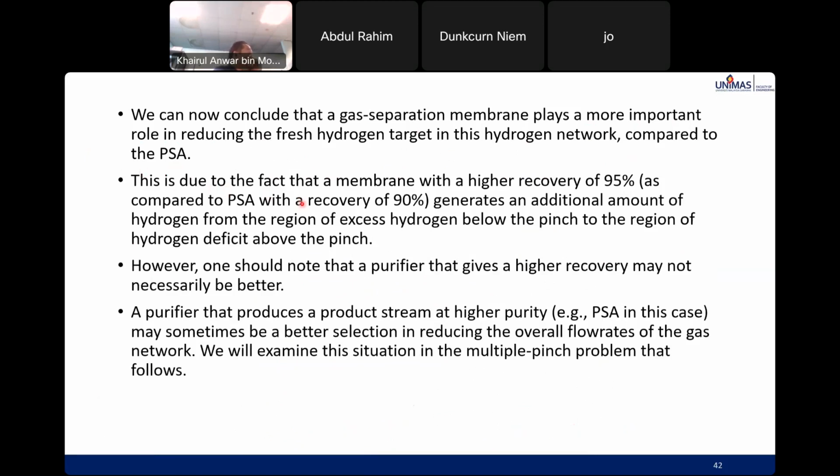This is due to the fact that a membrane with a higher recovery at 95% compared to PSA with recovery of 90% generates an additional amount of hydrogen from the region of excess hydrogen below the pinch to the region of hydrogen deficit above the pinch.